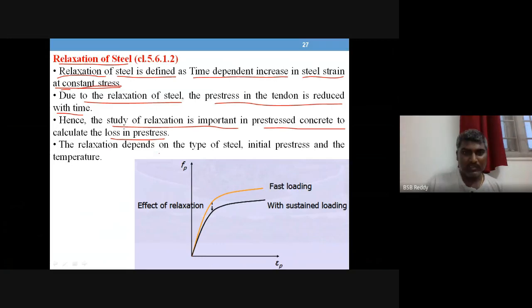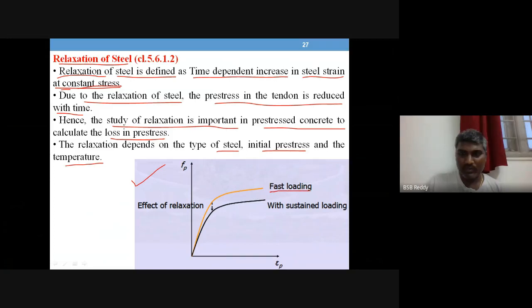Relaxation depends on the type of steel, the initial pre-stress, how much initial pre-stress you are inducing, and the temperature. This diagram shows the nature of loading also.